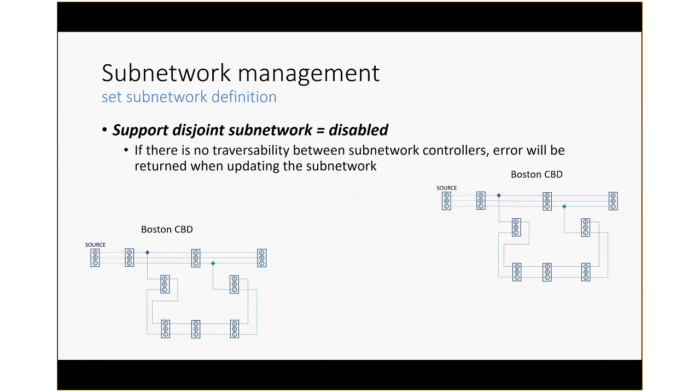So there's multiple controllers. Or you can have radials in the substation where you may have the same subnetwork with multiple circuit breakers in there in case one fails. But we need to know, do you want to support the case of those controllers being disjoint, meaning no connectivity between them?